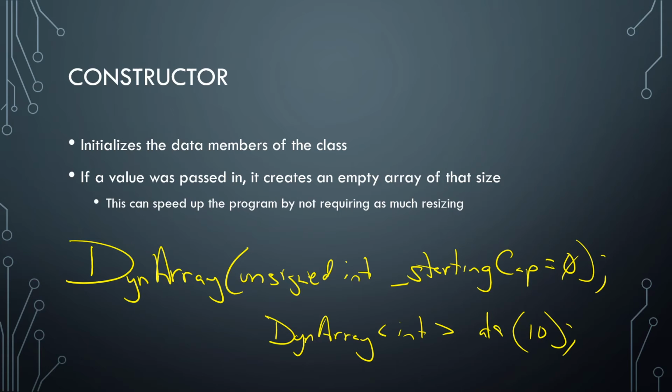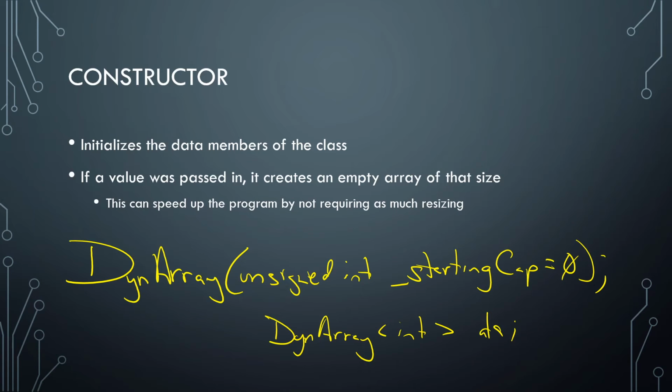Whereas if we created that array and we did not pass a value in, then it would use the default starting cap of 0, and therefore we would want to start our array out at null or 0, right?